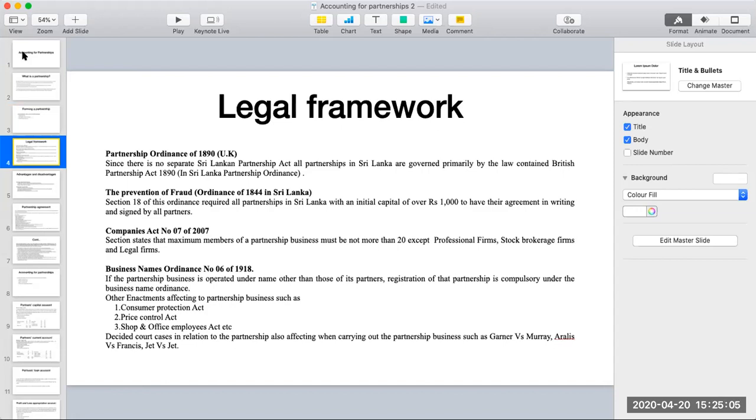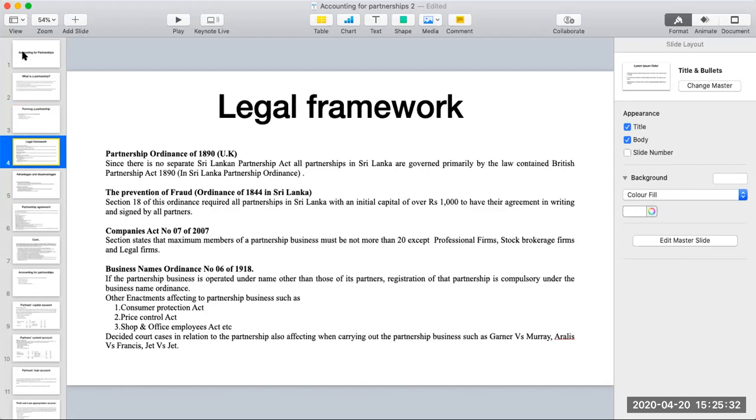Next, we will quickly go through the legal framework affecting a partnership business. Mainly the Partnership Ordinance of 1890. We don't have a separate Sri Lankan Partnership Act, therefore this is the Partnership Ordinance that we are using.